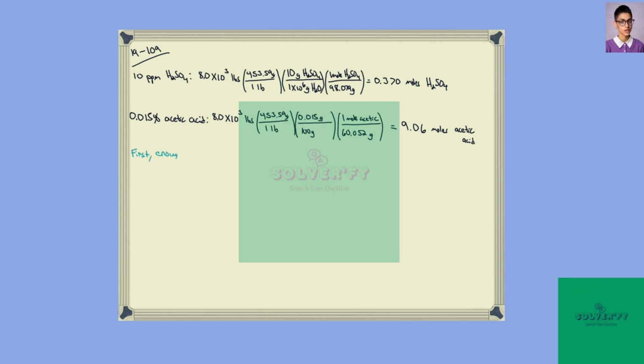So the first thing that we need to recognize is because H2SO4 is a strong acid, not just the first hydrogen, but the second hydrogen is pretty strong too. It's even stronger than acetic acid. That means we will need to add 2 moles of sodium acetate for every mole of H2SO4 in order to make 2 moles of acetic acid.